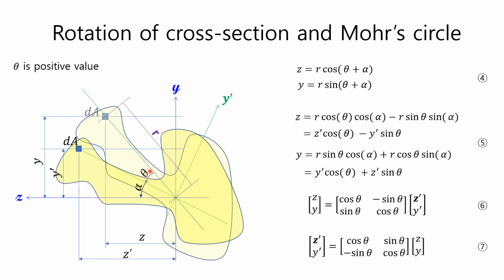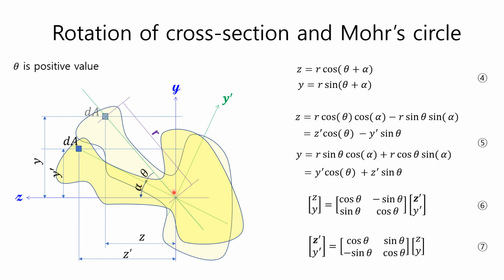Rotation of the cross-section by theta is equivalent to the rotation of the coordinate axis by theta in the opposite direction. Therefore, the expression obtained in the previous slide can be used as it is. Let's prove this. Let's assume that theta is positive.